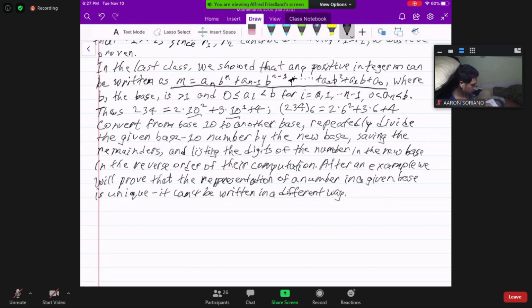So let's convert, say, 254 in base 6 to base 4.